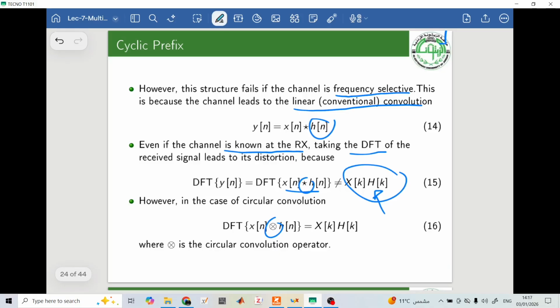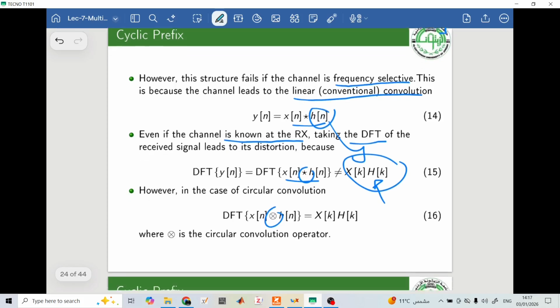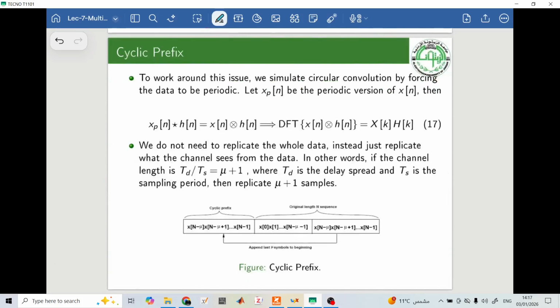But the actual channel, the physical channel, is not circular. It's a linear channel. So the linear convolution will not be converted into multiplication. So we need a way to trick the channel into being circular, right? What we do is take the symbol, take the last chunk of the symbol, and append it in the beginning.